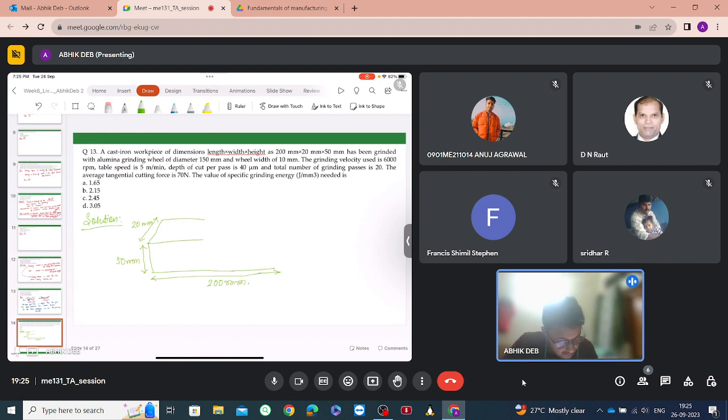Now there is a grinding wheel of diameter 150 millimeters and width 10 millimeters, like this.